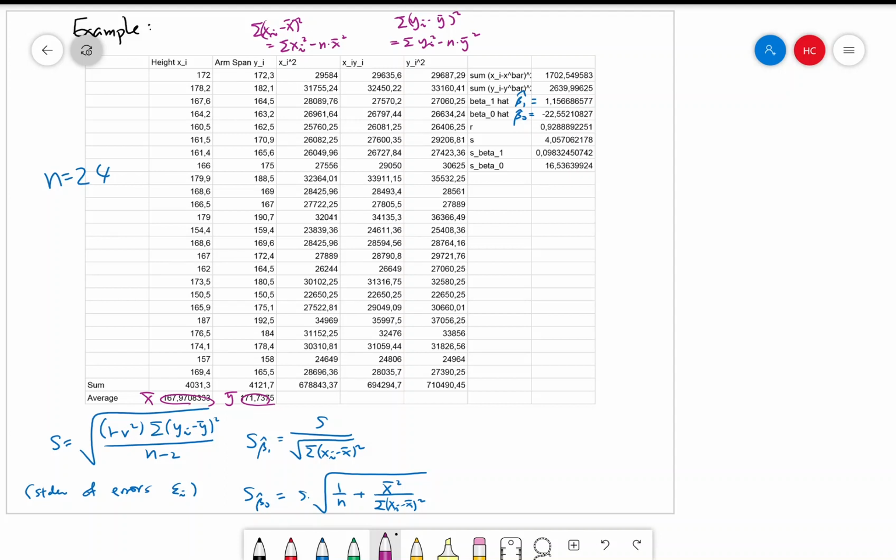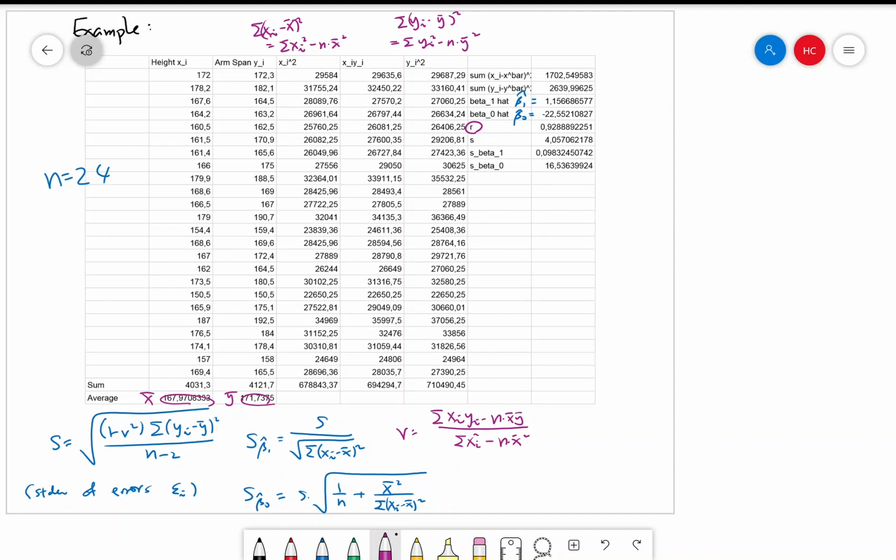And r is the sample correlation coefficient. So r is equal to the sum of xi yi minus n times x bar y bar over the square root of the sum of xi squared minus n times x bar squared, and similarly for y.